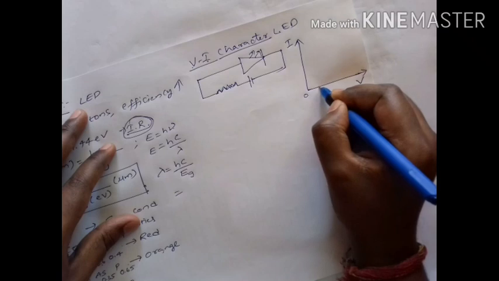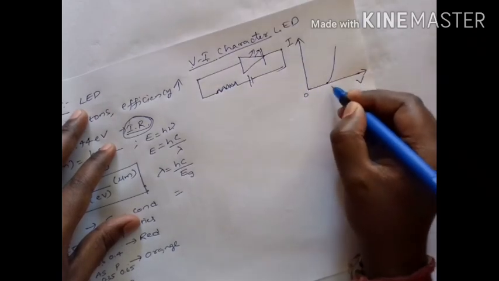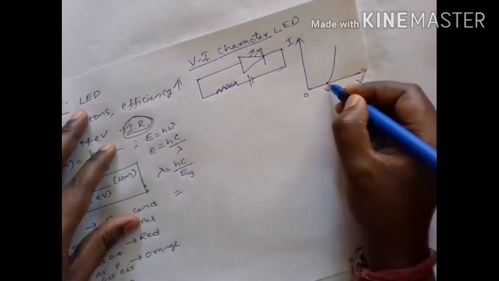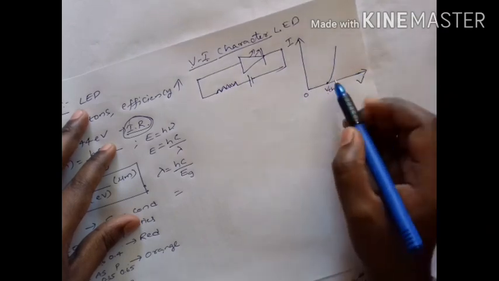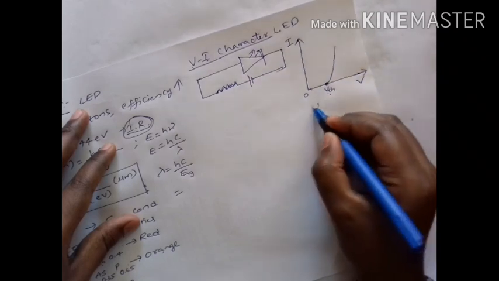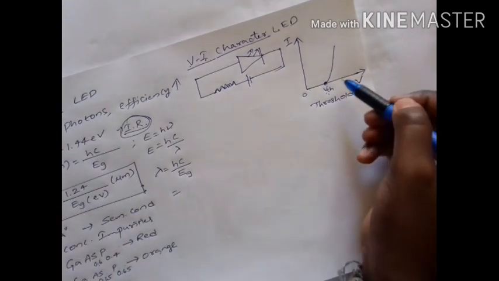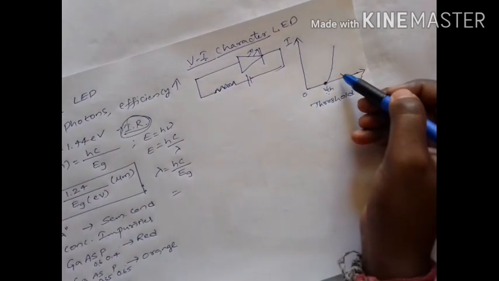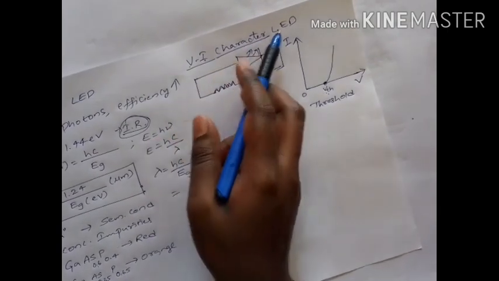Up to some point of voltage, the value of current in the LED is 0, and the value of voltage at which current starts flowing in the LED diode, we call it the threshold voltage. Students, you can observe the nature of this kind of graph in your respective physics labs by doing the experiment called VI characteristics of LED.